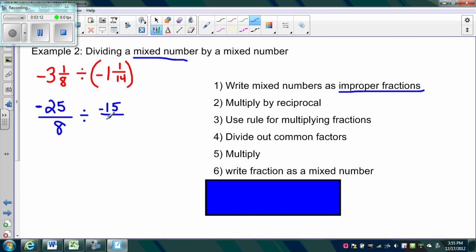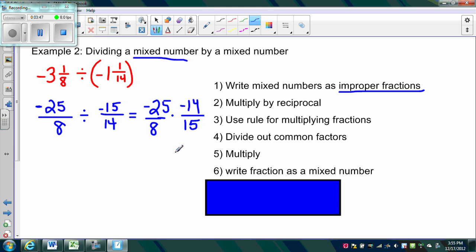-15 over 14. Now we need to multiply by the reciprocal. So this actually is going to become 8 over, and we can keep the negative sign up top. Oops, I'm making a mistake. I'm sorry for that. -25 over 8 times, keep the negative sign here, -14 over 15, but we've still switched it.